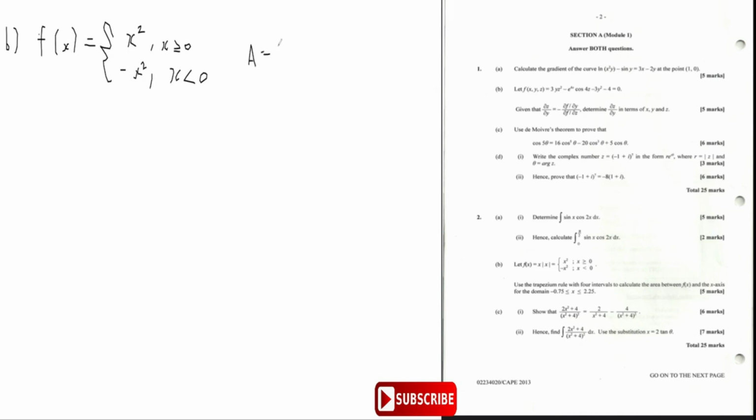Area is equal to a half h into y naught plus yn plus 2 times everything else, plus 2 times y1 plus y2, and it continues plus yn. So this is the trapezium rule formula. All right, just to refresh our memory.